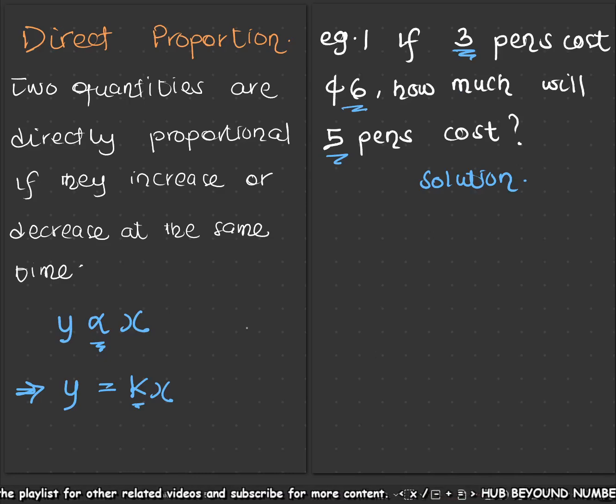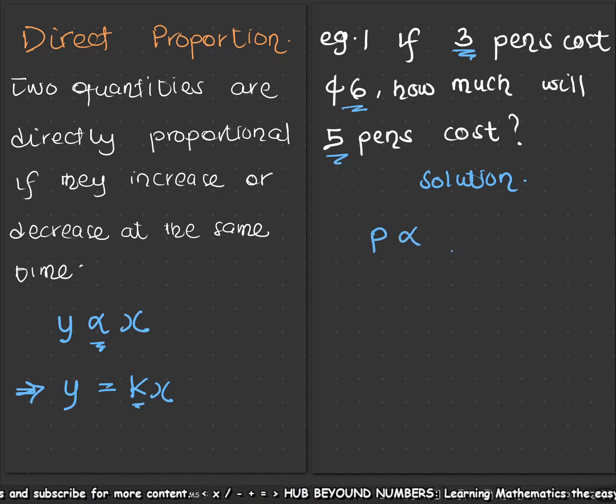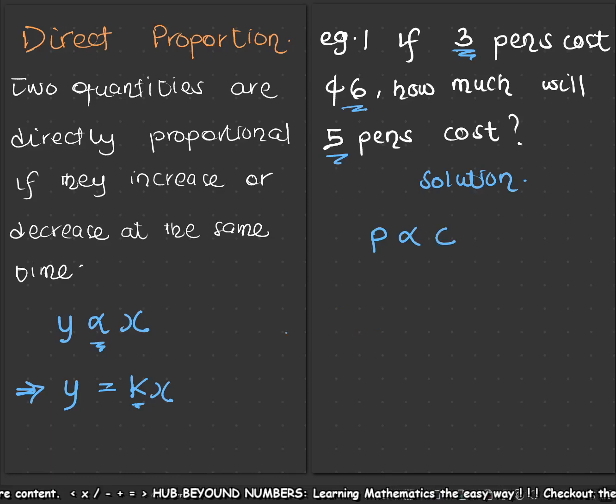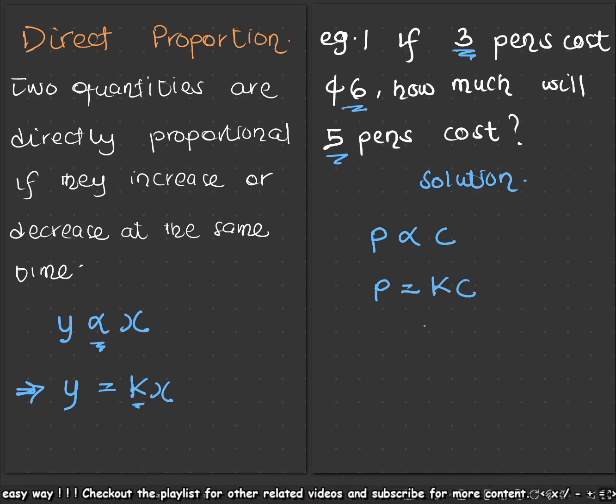So the number of pens is directly proportional to the cost, which is what I've written here. Writing it with an equal to symbol, it becomes P is equal to KC, where K is the constant of proportionality.